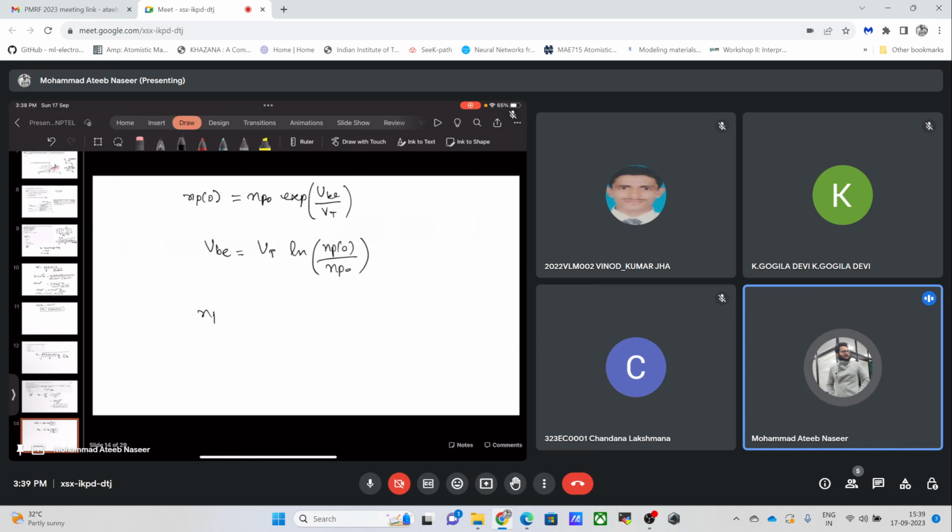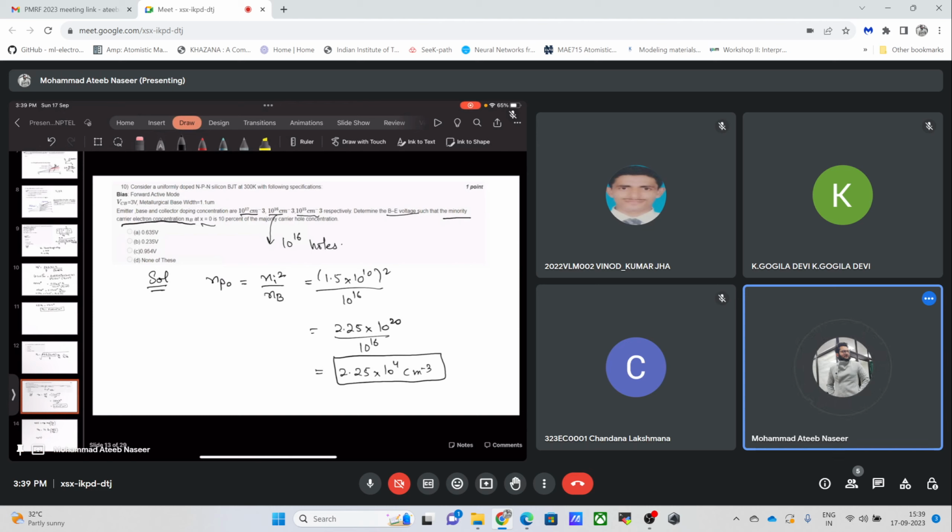Now Np0, Np at 0, has been given to be equal to, we have been told that the minority carrier concentration at x equal to 0 is 10% of majority hole carrier concentration. The majority hole carrier concentration is 10 to the power of 16.